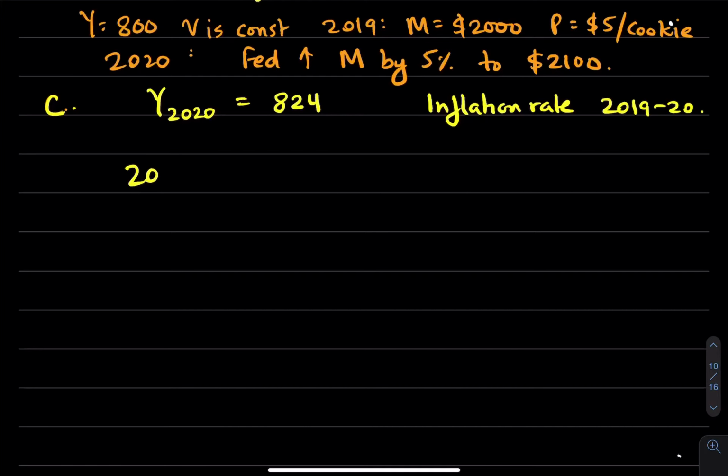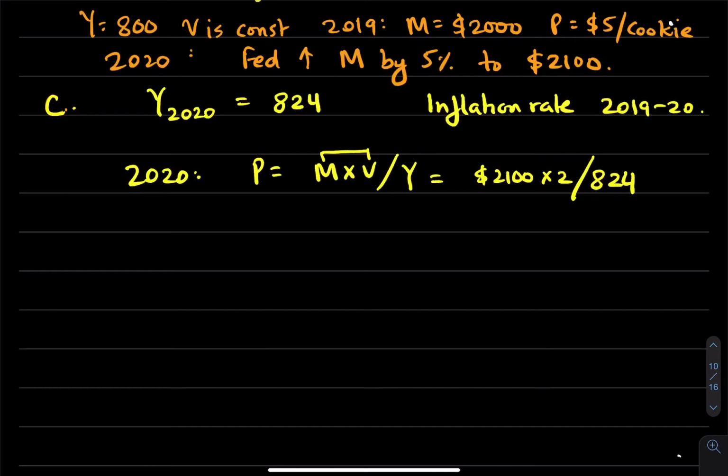So what we know in 2020 is that the price level is given by money times velocity divided by Y, which is equal to this guy, right? This was 2100 times 2 divided by, now Y is 824, which is equal to $5.10.